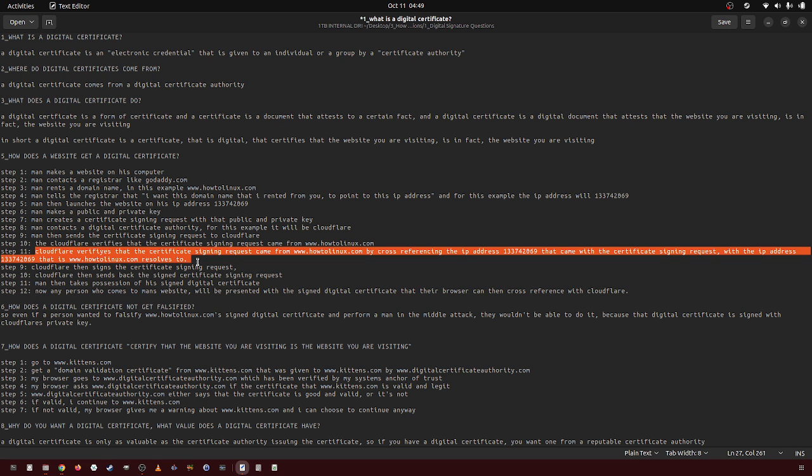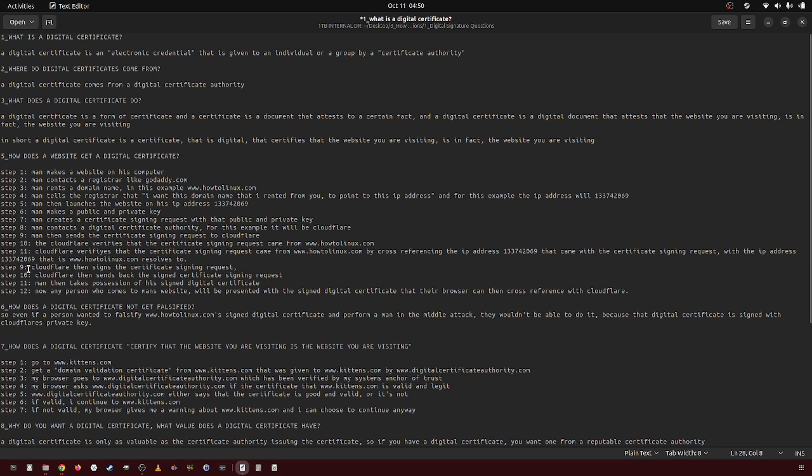Does the IP address from where this certificate signing request came from match up with the website that it's trying to get a certificate from? If the two IP addresses match up, they accept the certificate signing request. Step 12. Cloudflare then signs the certificate signing request. They sign it with their private key.